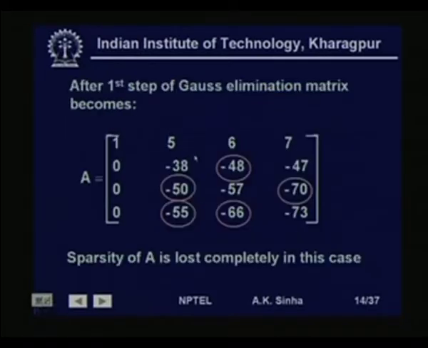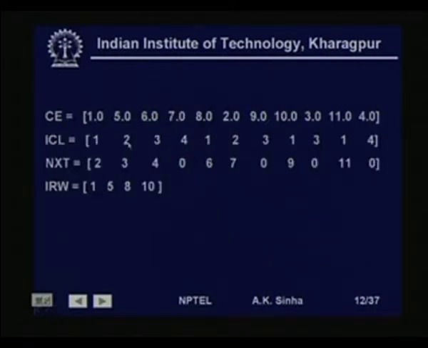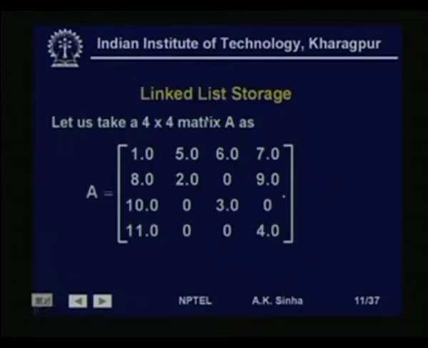So, ICL is 2. Similarly, the third element is 6 and this is in column number 3. The fourth element is 7, this is in column number 4. The fifth element is 8, and this is in column number 1.